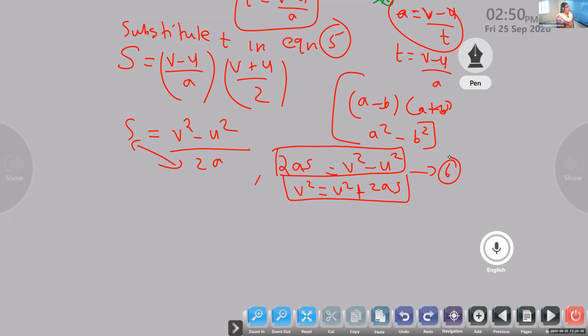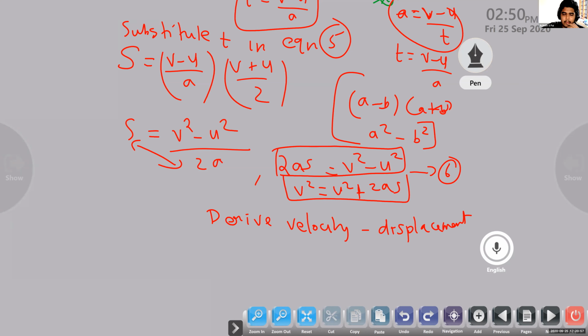If I ask you to derive the velocity displacement relation, only that is in the question. I am not asking for any other equation. In that case, you have to give me this part correctly, okay? And you don't have to show me how you find S is equal to ut plus half at square.